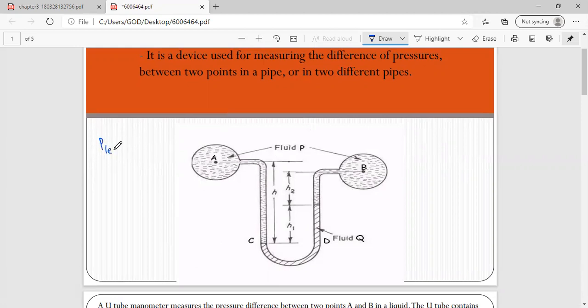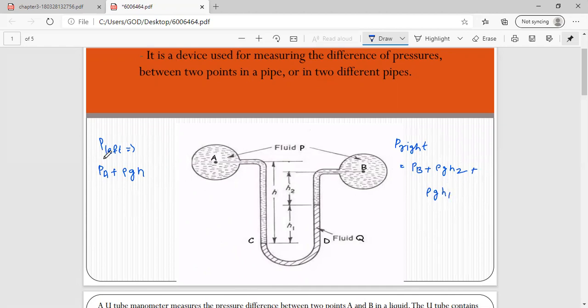Pressure in the left limb we wrote as PA plus rho g H. Similarly, pressure in the right limb we wrote as PB plus rho g H2 plus rho g H1.